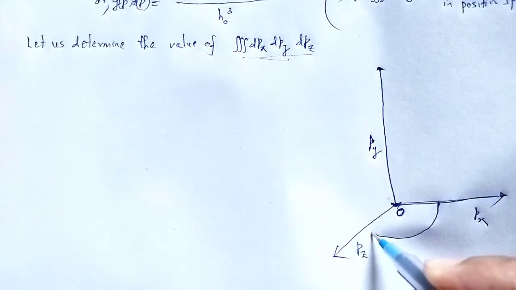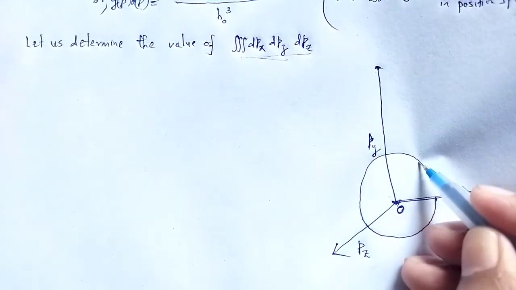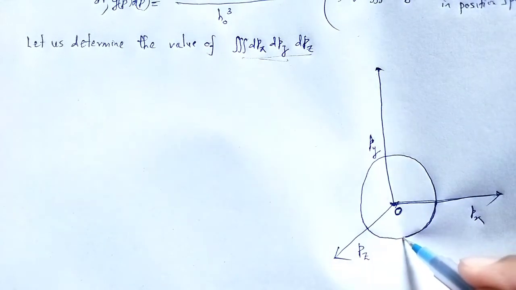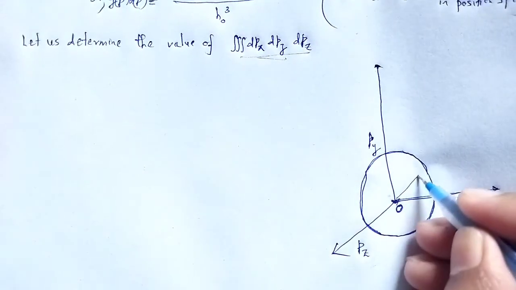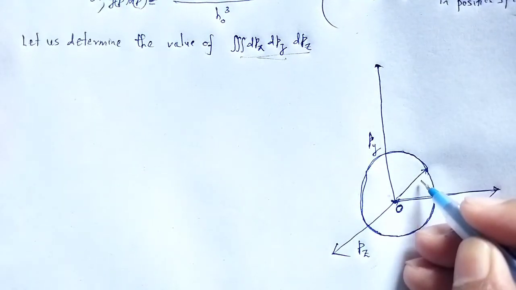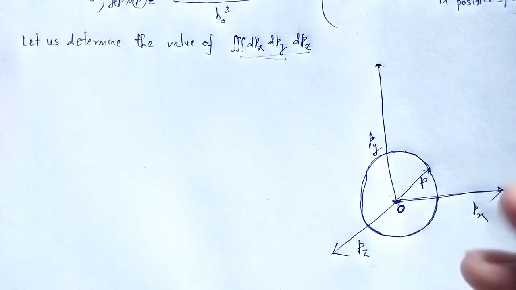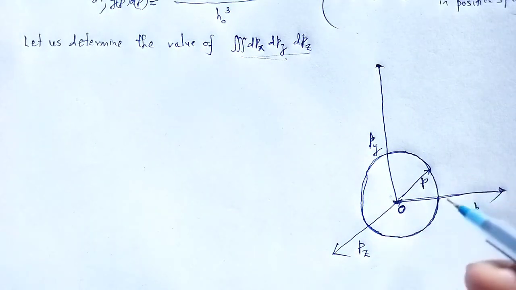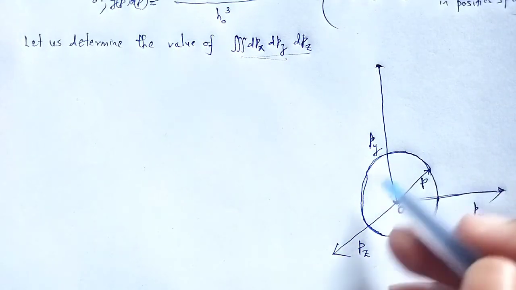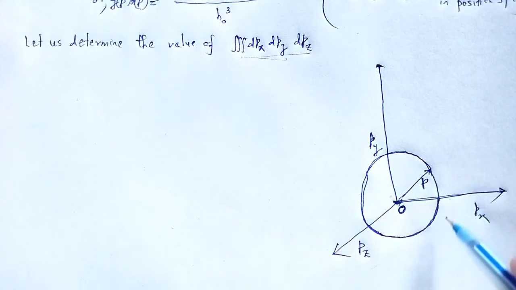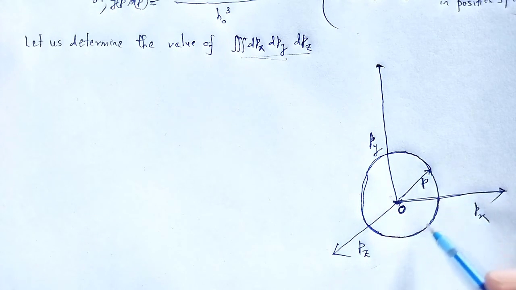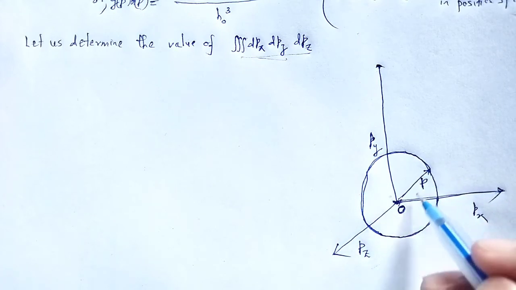As we take three dimensions, we take a sphere having radius p with origin O as its center, and all points on that sphere correspond to momentum p.